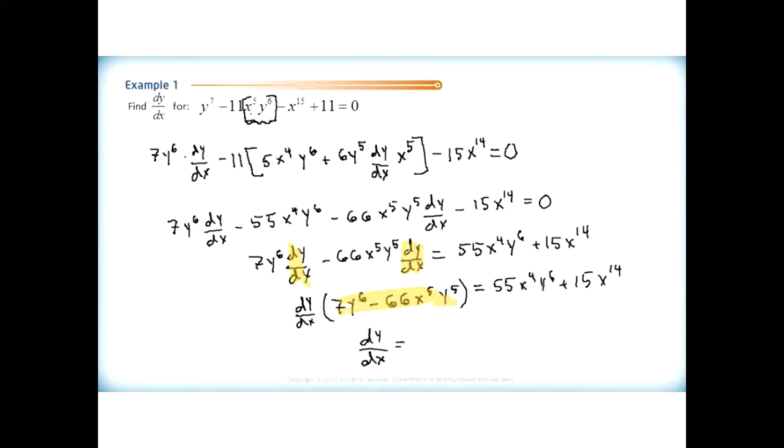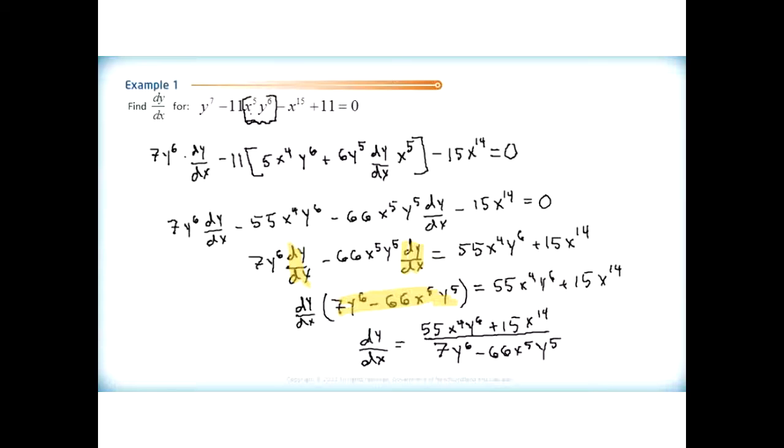And on the other side, I'll have all the junk that we kicked out and moved to the other side of the equation, divided by all the stuff that was left when we factored the dy by dx out of the other terms, which is 7y to the power of 6 minus 66x to the power of 5, y to the power of 5. Okay? So there it is. That's an implicit derivative done in all of its gory detail.